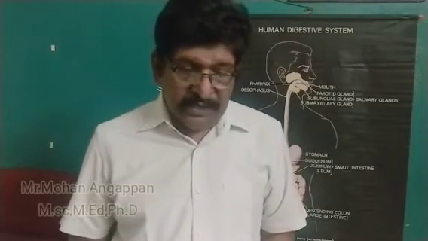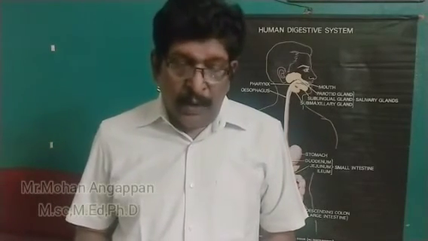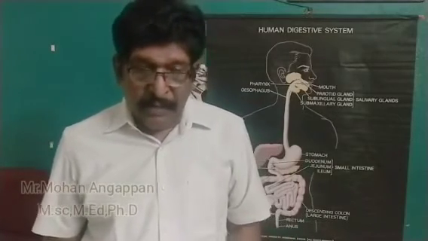Parotid is the largest gland and sublingual is the smallest gland. You must remember where they are present: parotid below the cheek, submaxillary or submandibular at the angle of the lower jaw, and sublingual, the smallest gland below the tongue.